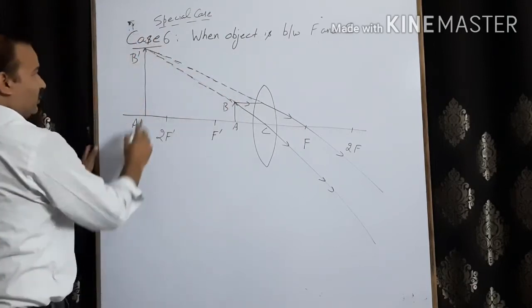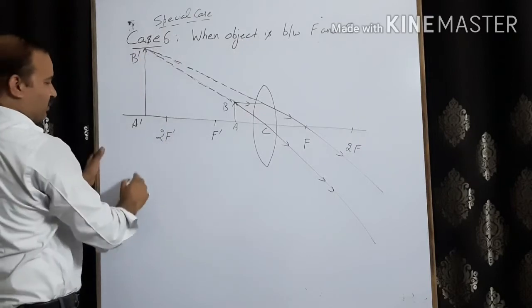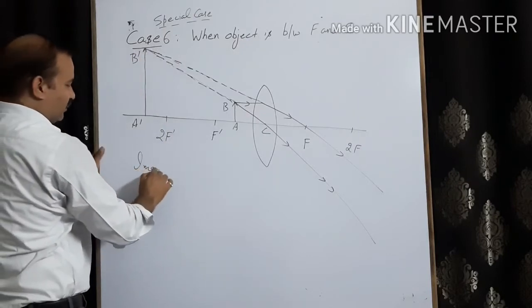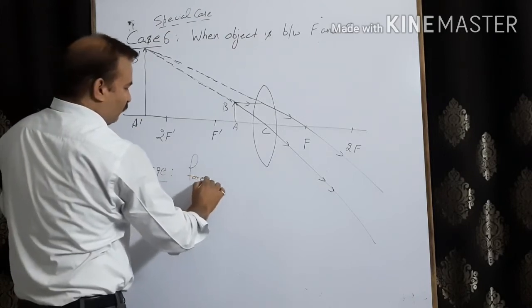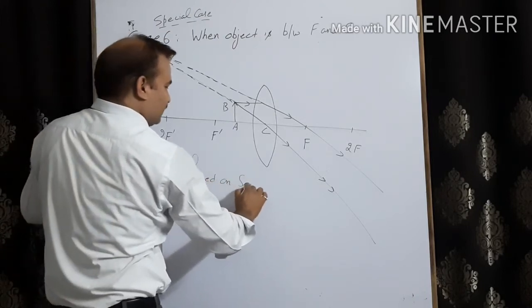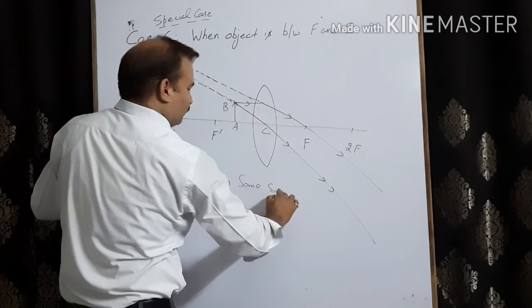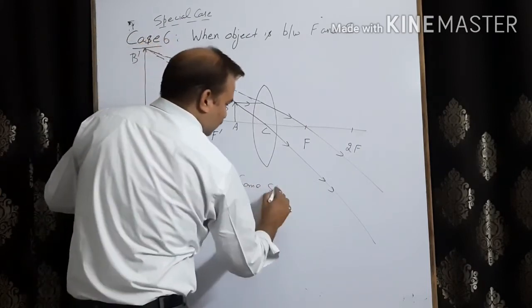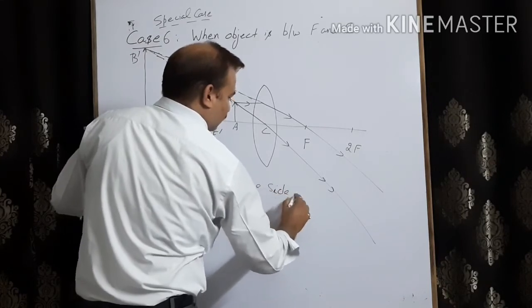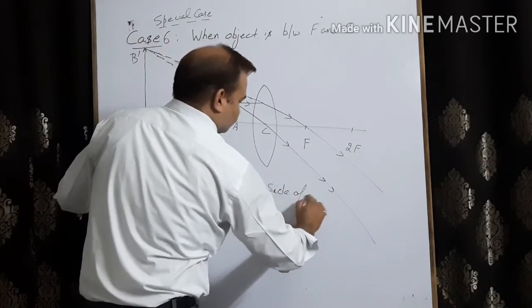That's why I have written the special case here: the image is formed on the same side, that is, the same side as the object.